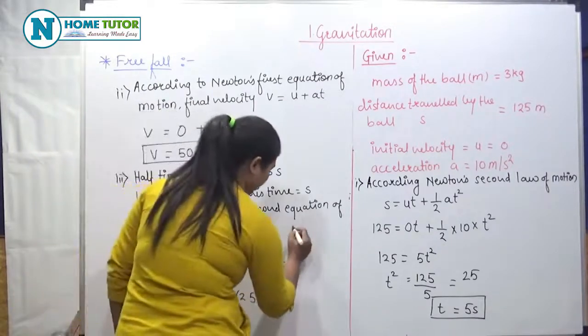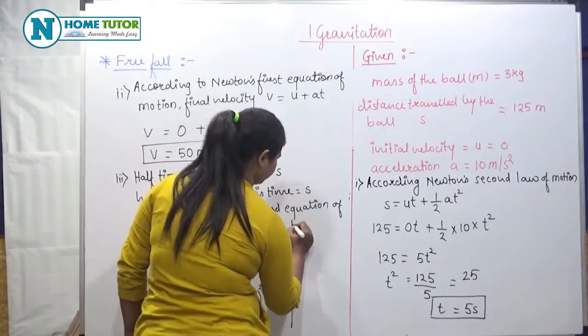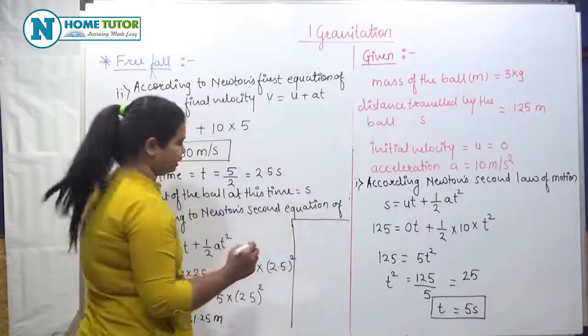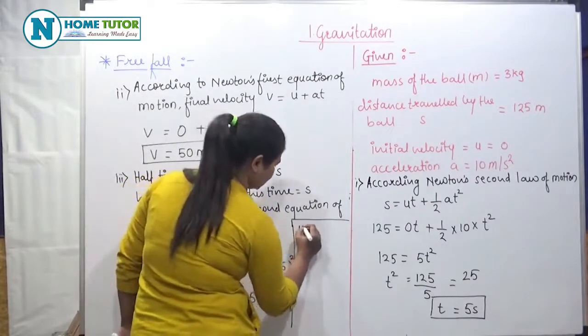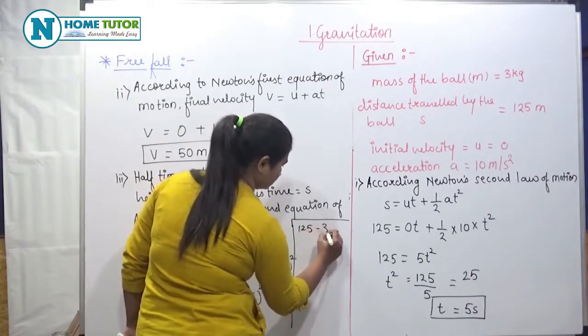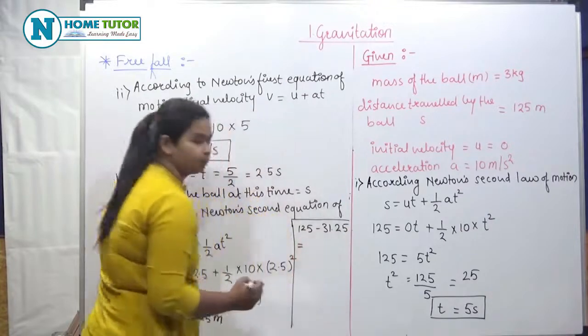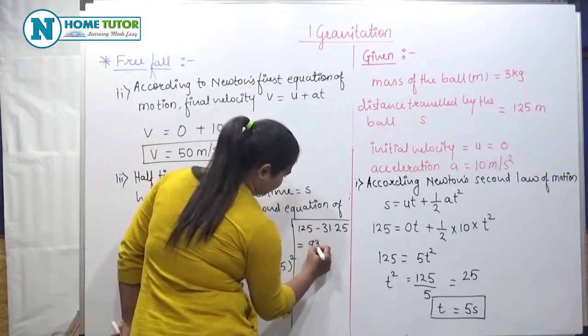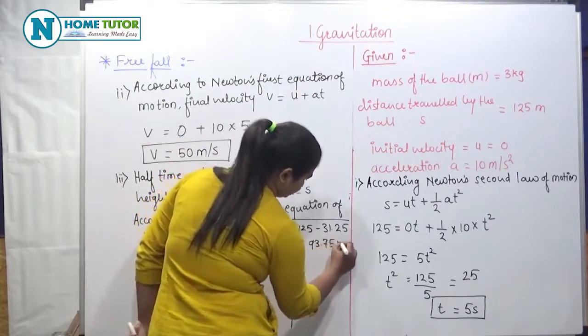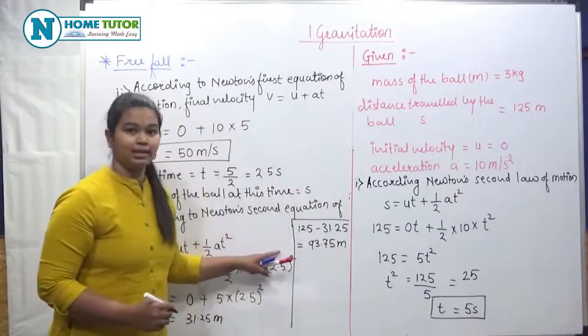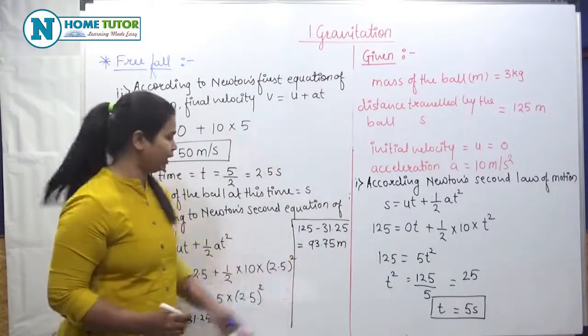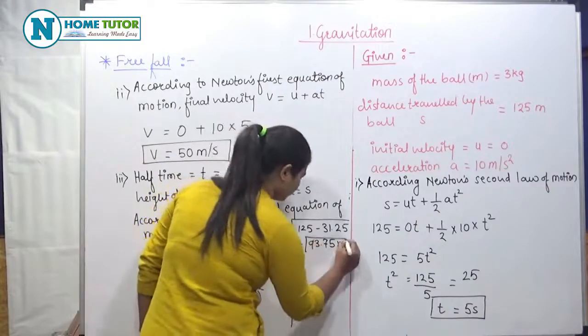So the height of the ball at half time is 125 minus 31.25, and that is 93.75 meters. So the height of the ball at half time is 93.75 meters.